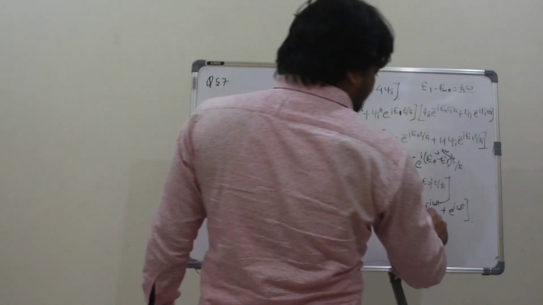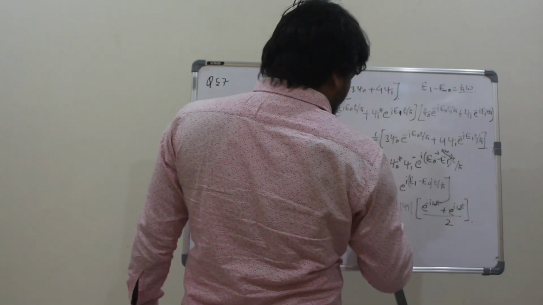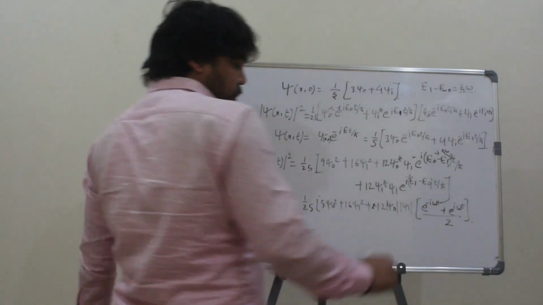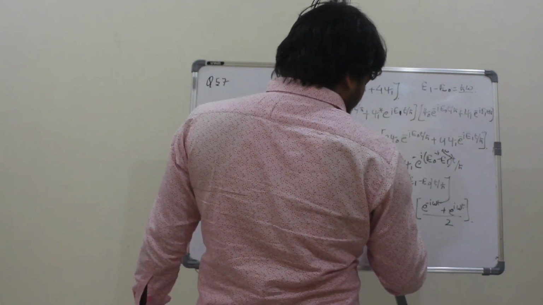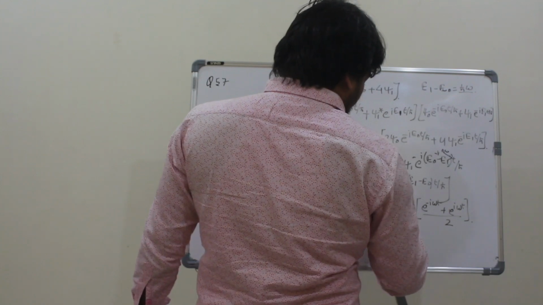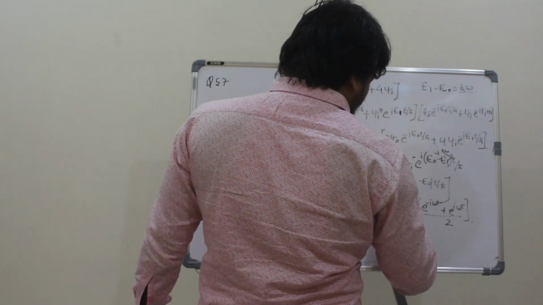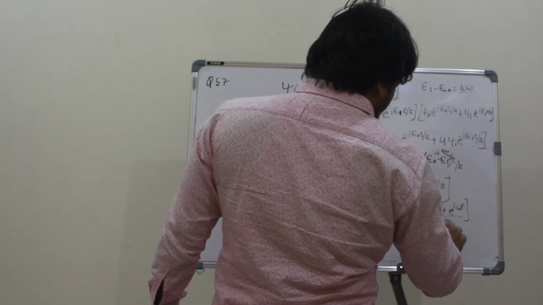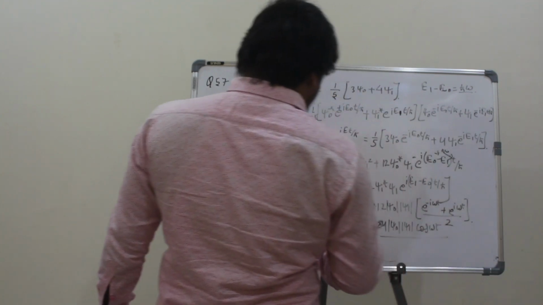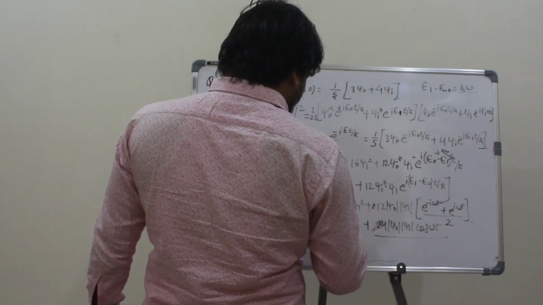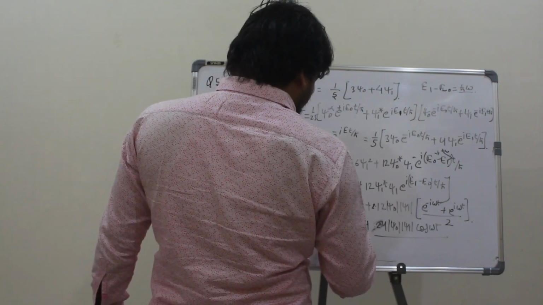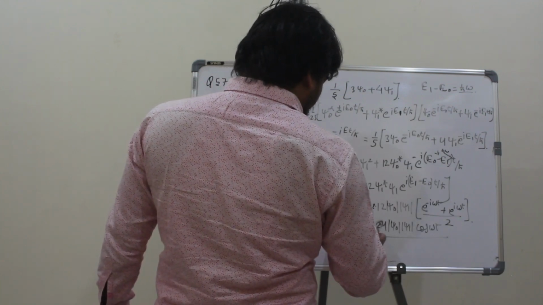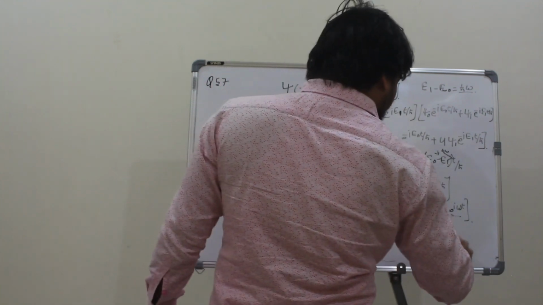Now what is it? If you divide by 2 and multiply by 2, it gives you cos omega t. So it gives you 24 psi naught psi 1 cos omega t, along with these terms, 1 by 25 of 9 psi naught square plus 16 psi 1 square, right?